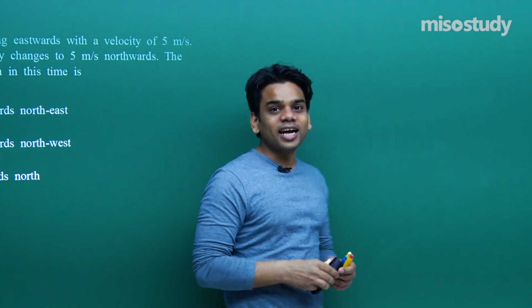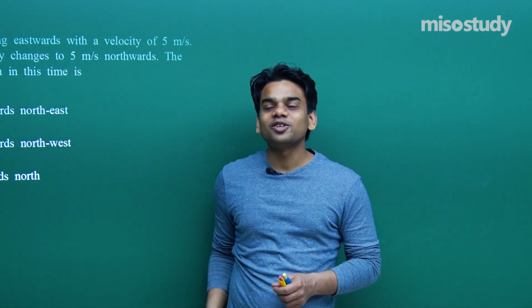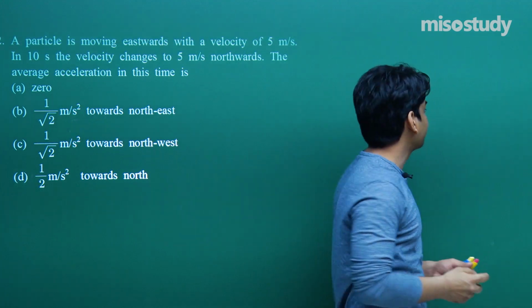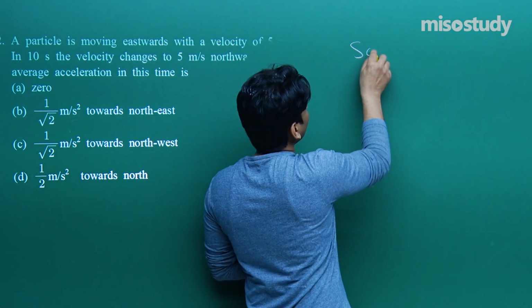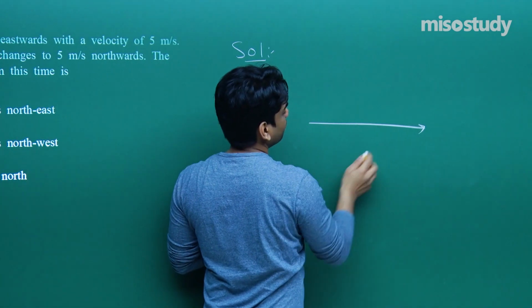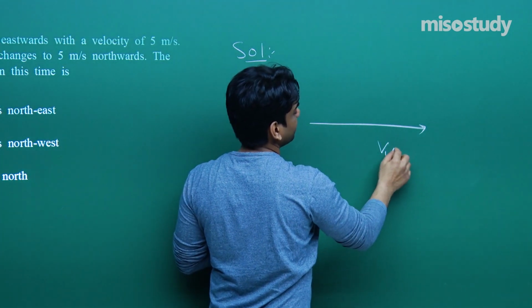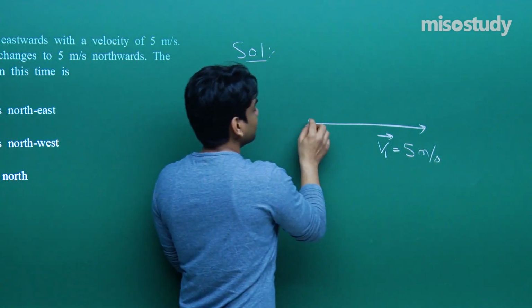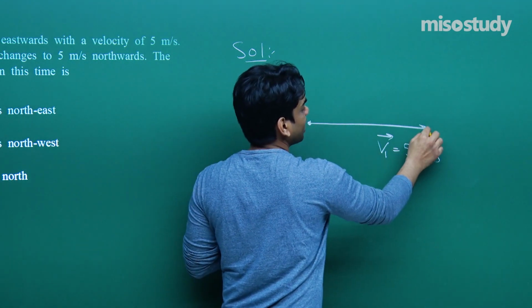Now see, it says that it's moving with 5 meter per second towards east. The first line, it's moving eastwards with a velocity of 5 meter per second. So let us go with the solution. Its velocity is 5 meter per second initially. Now after 10 seconds, it started from here, it reached this point.